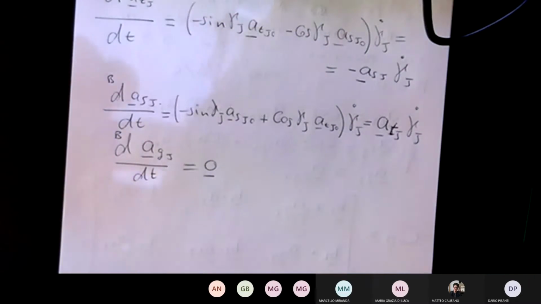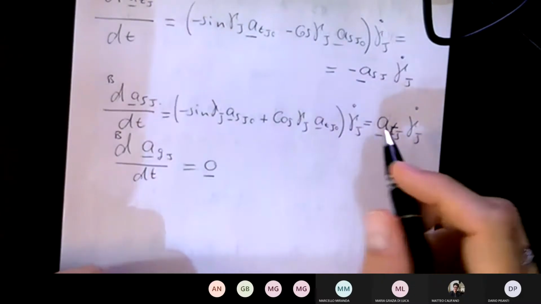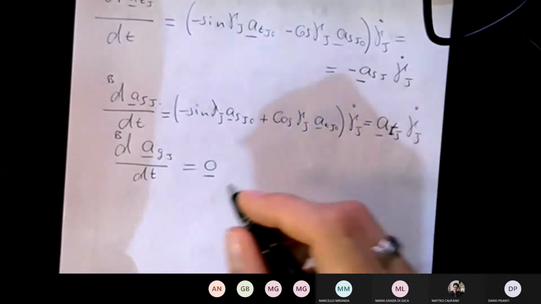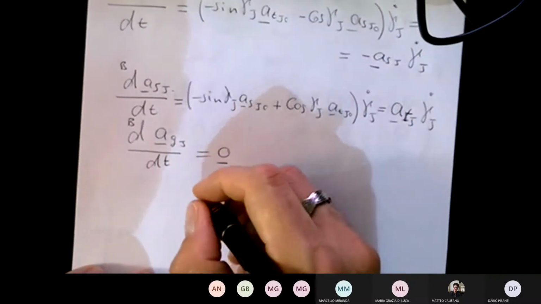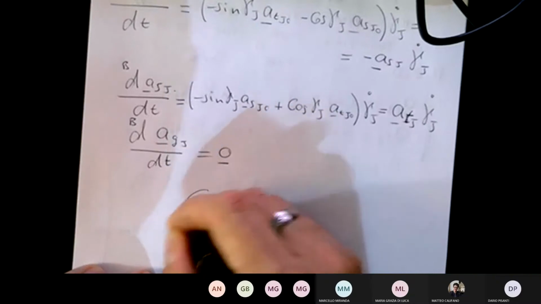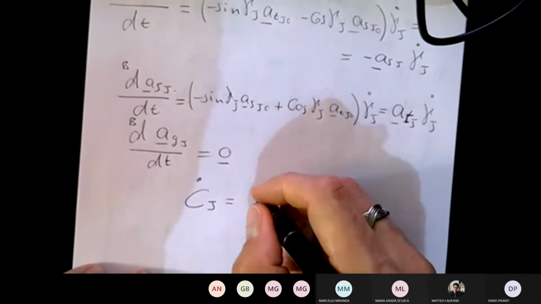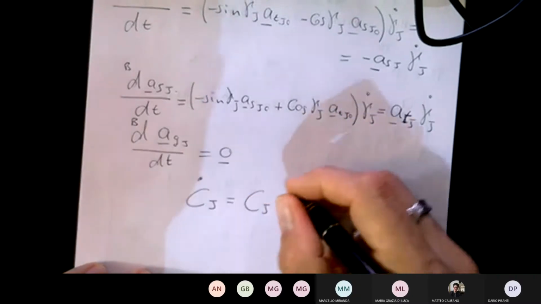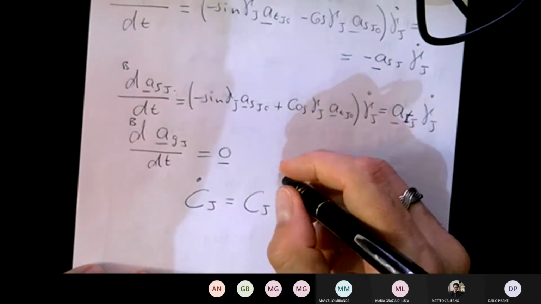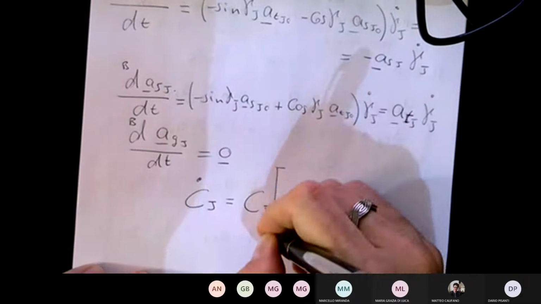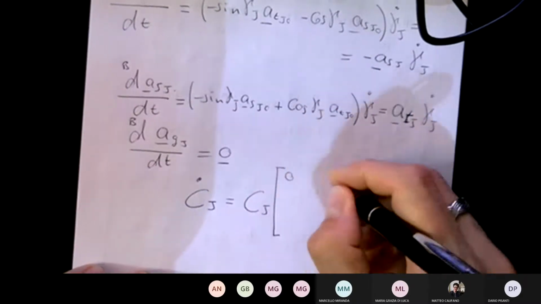So if you keep this in mind, then you can get the CJ dot. You can show to yourself that it's CJ that multiplies this matrix.